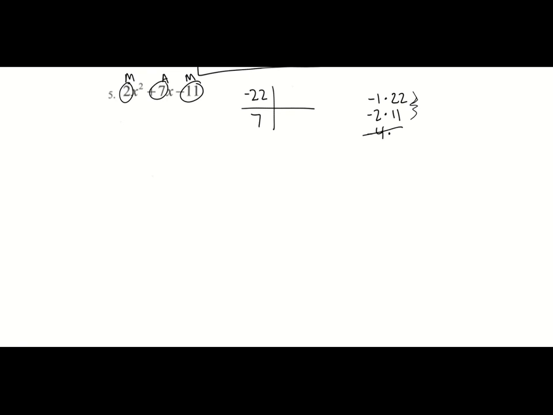And neither of those are going to give me 7. So this trinomial right here cannot be factored because it is prime. So some of them you will not be able to do, and this is one of them.